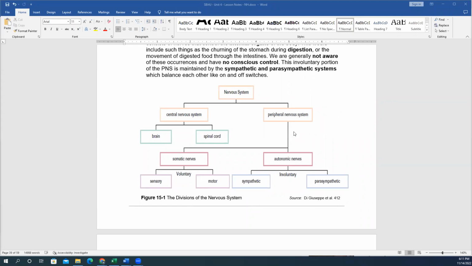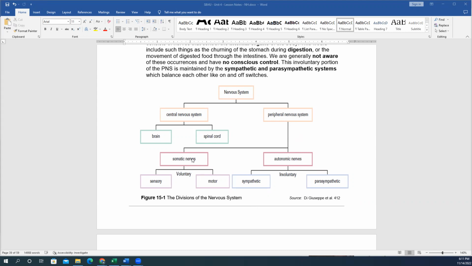And because of its complexity, the peripheral nervous system, which consists of nerves, can then be further divided into the somatic and the autonomic nerves.